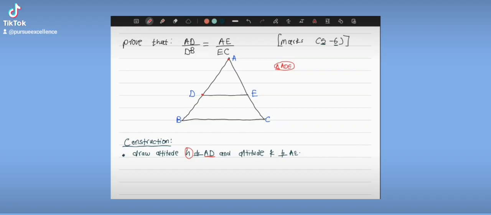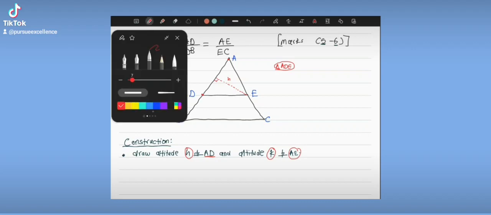So the altitude that I'm going to draw, I must start it from point C, and it has to be perpendicular. Remember, it must form 90 degrees to this AD. I denote this altitude as H. So this is my altitude H. Then the next one, I'm going to draw another altitude, which is K, and it must be perpendicular to this line AE.